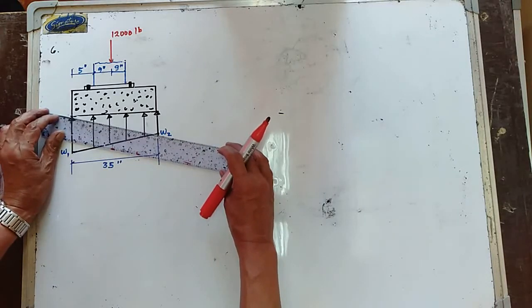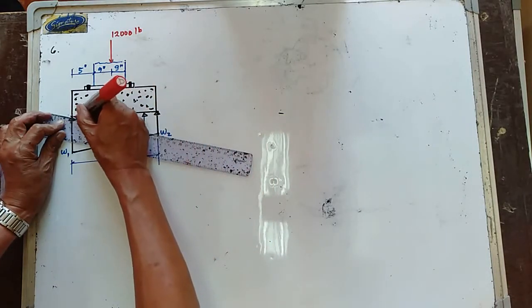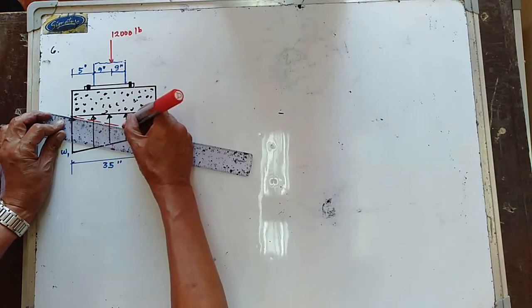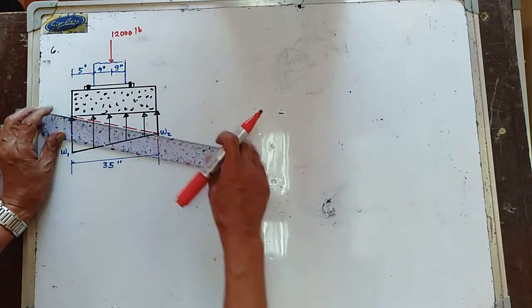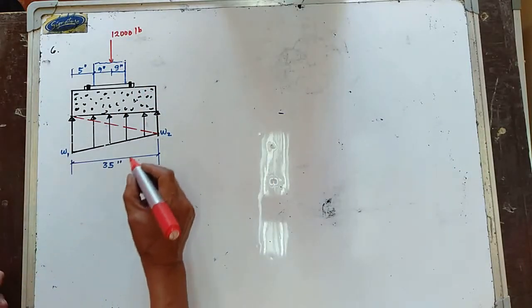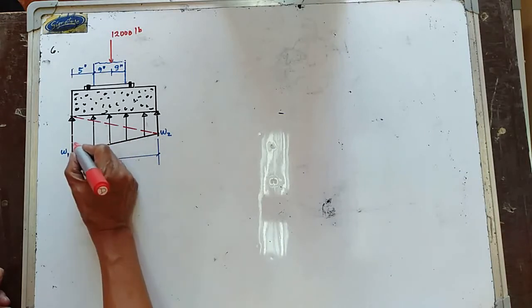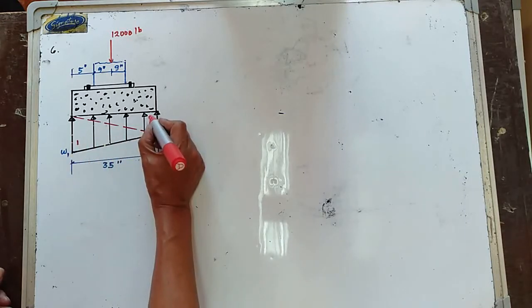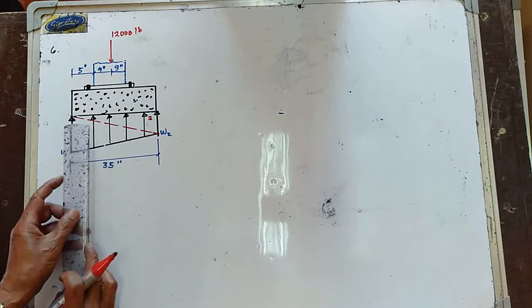So let us try to divide this into two triangles. So this is now your distributed loading. First, I'm going to consider this as area 1, and that one is now your area 2.